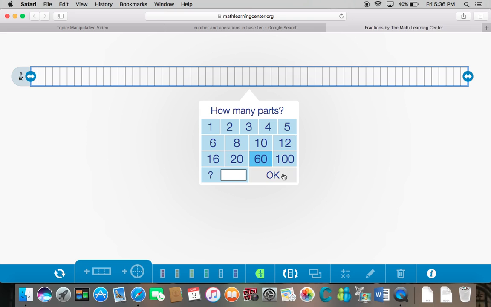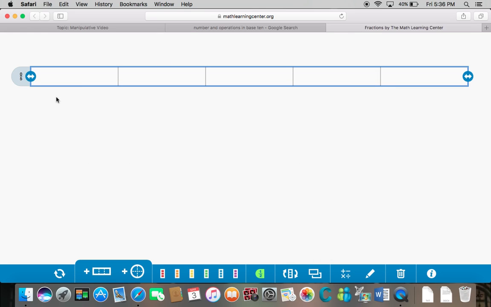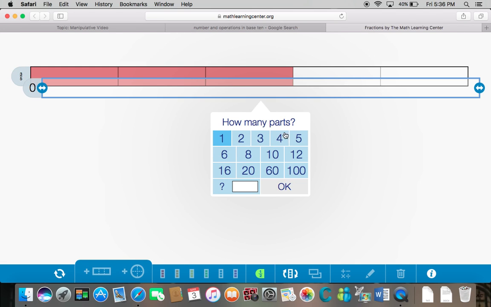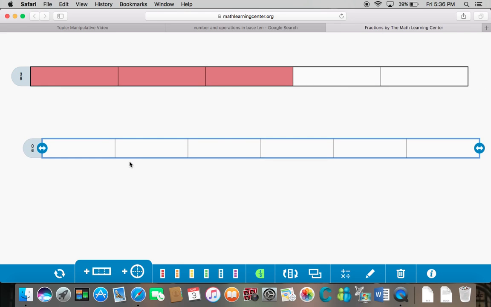Let's do a smaller fraction. So they could have something out of 5, like 3/5, and then you could have them do another bar and go with sixths, and have them do 4/6.